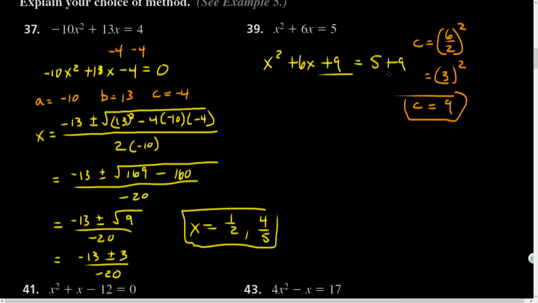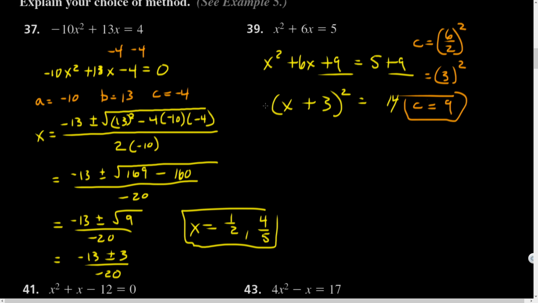I added 9 to both sides. This I can fast factor. I've got x plus 3 all squared equals 14. Now, this x plus 3, by the way, I fast factored it. I was using a pattern, but the way you do it is take the b, divide by 2. It's always going to be the thing you had right before you squared it.